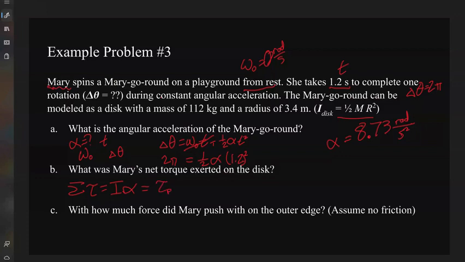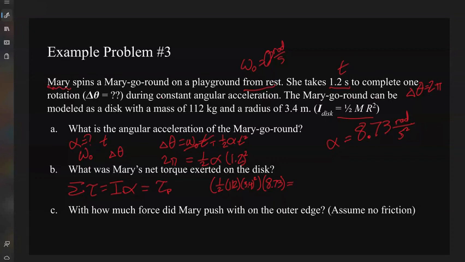All right, well, I we're given as 1/2 mr squared. So 1/2, the mass was 112, the radius 3.4 meters, and that gets squared. So there's I. Alpha is 8.73 radians per second squared that we got from part A. And that'll give us our torque of push.